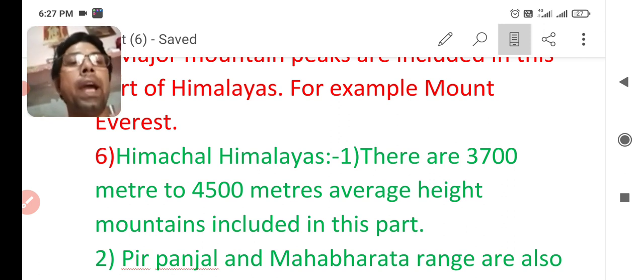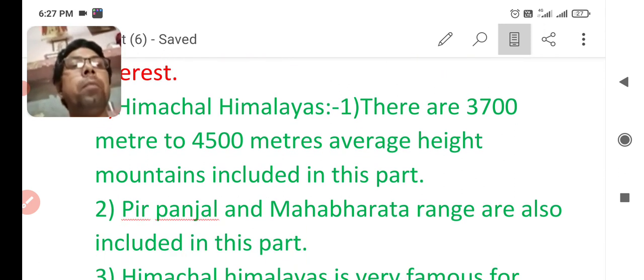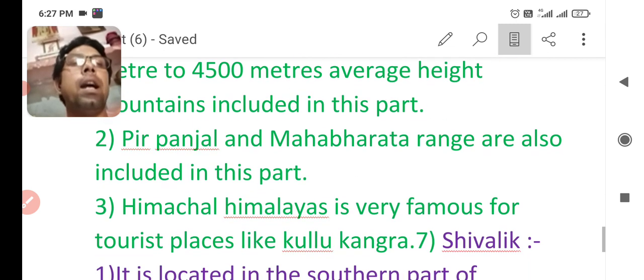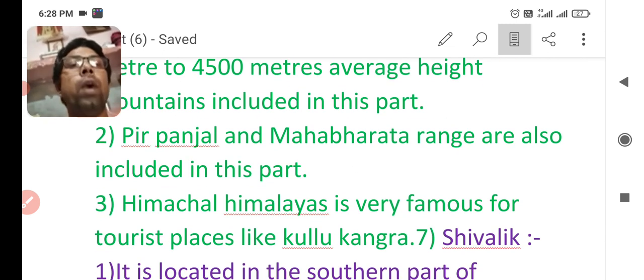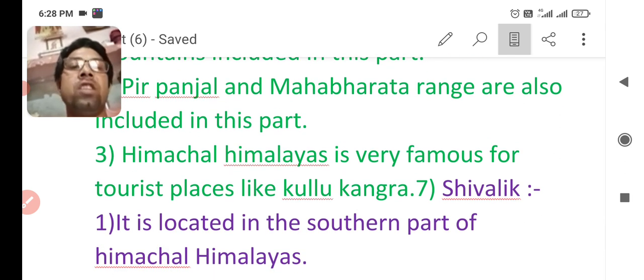And the next point, Pir Panjal and Mahabharata range are also included in this part. You know that series of mountains are known as range. And Himachal Himalayas is very famous for tourist places like Kullu, Manali, Kangra.